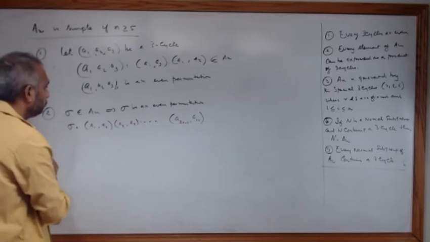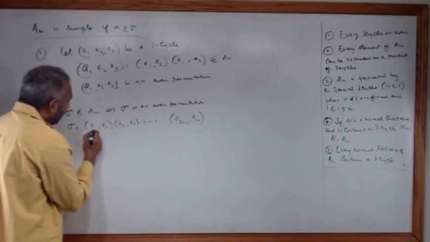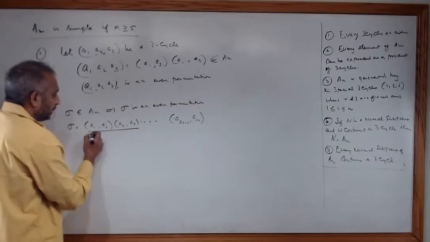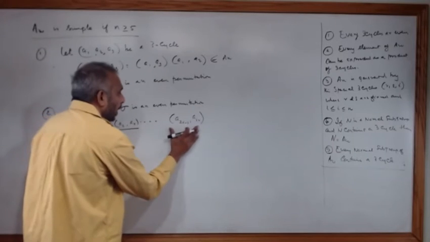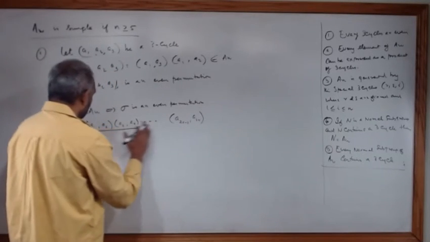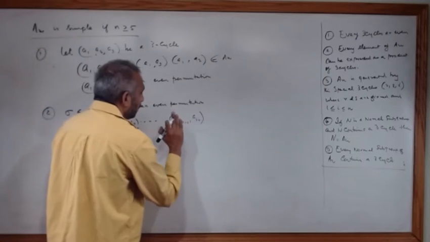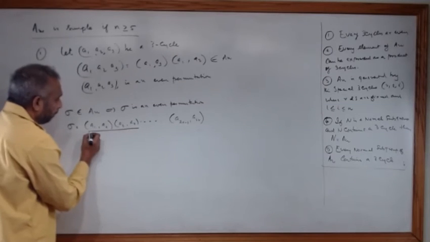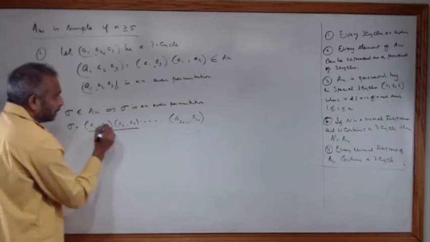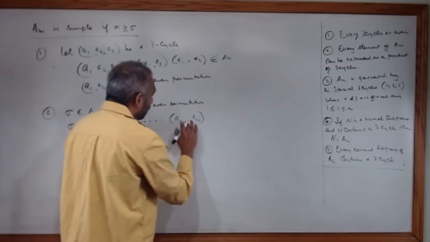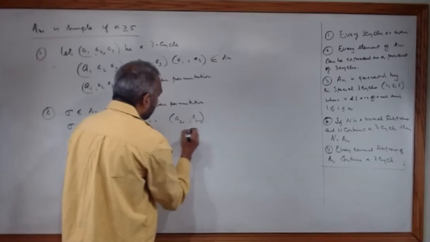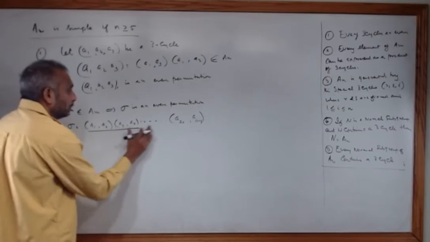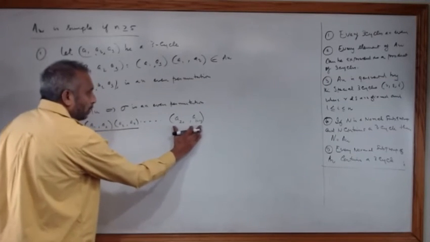So what you do is you take 2 transpositions at a time so that you don't leave anything behind at the end.